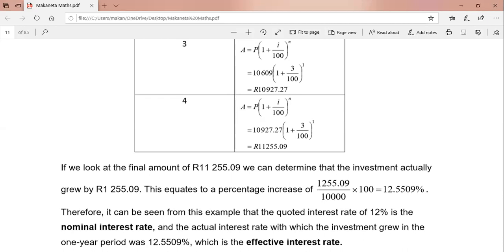And if you multiply 1.03 with 10,609, you will be able to get the correct answer there, which is 10,927 rands and 27 cents.